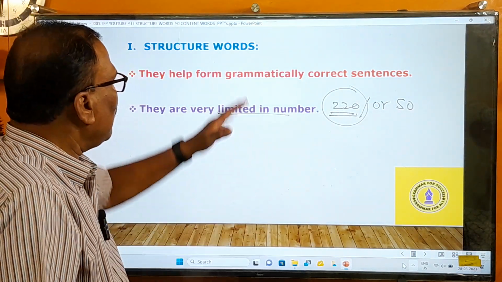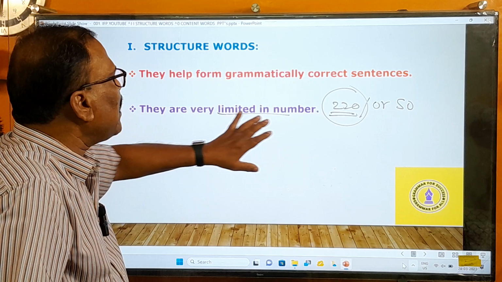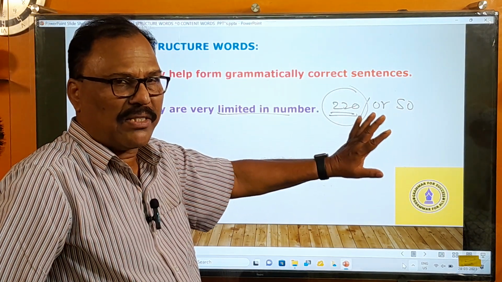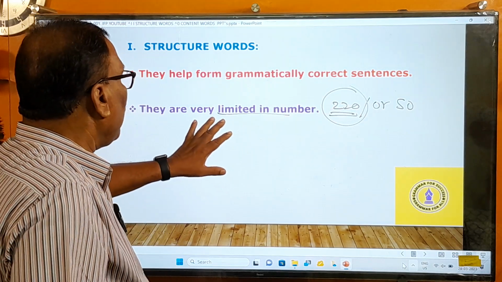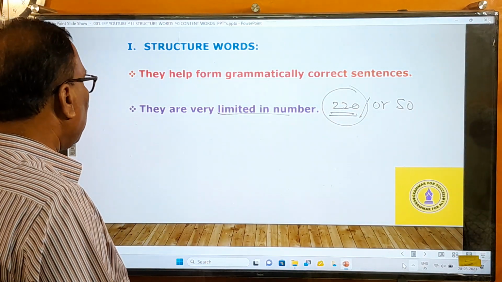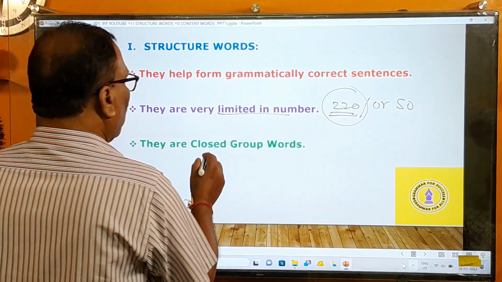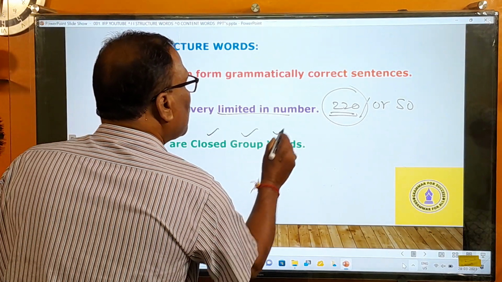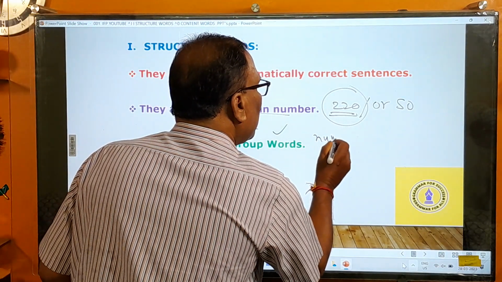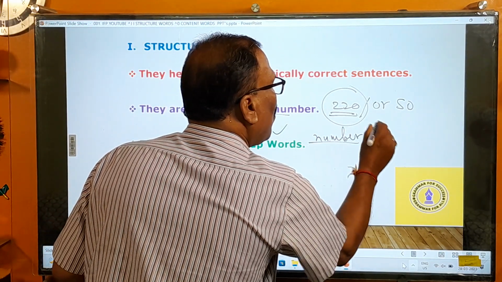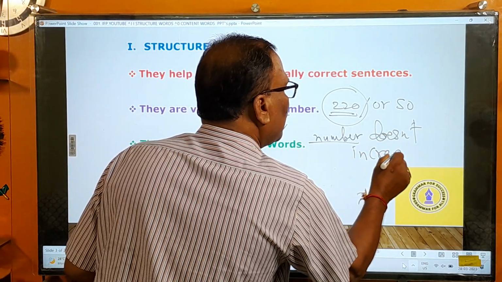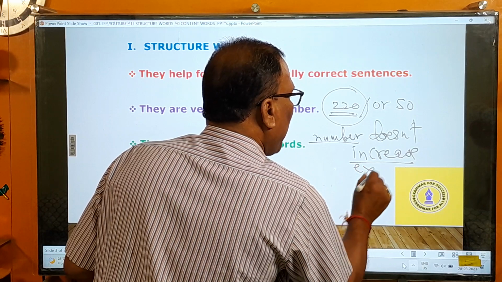They are 220 or so, according to the grammarians, right? And therefore they are called closed group words also. That means their number does not increase, or you can say expand.